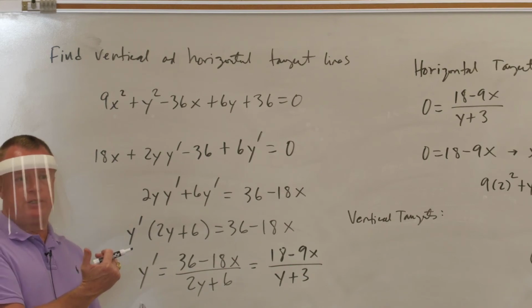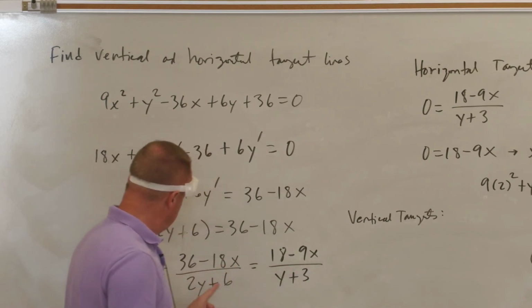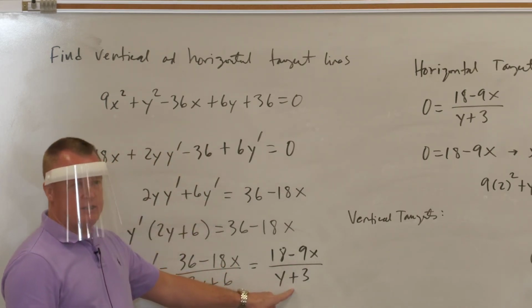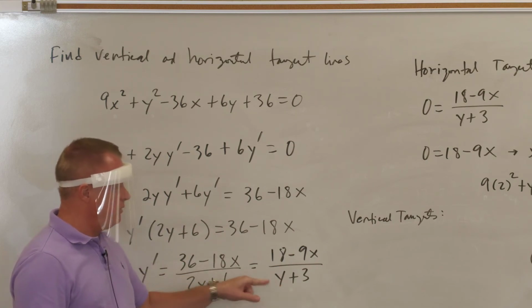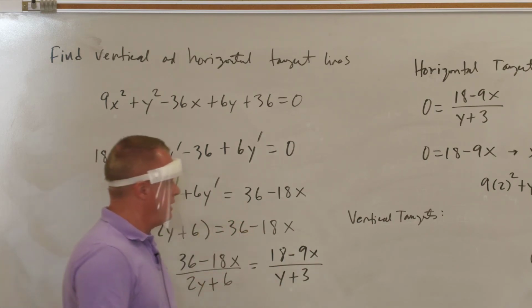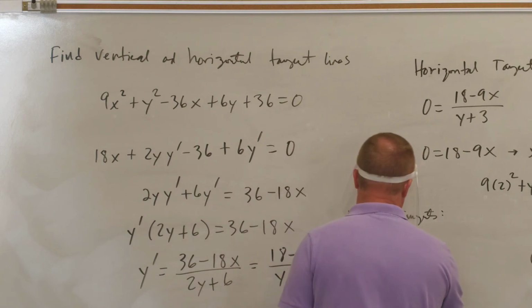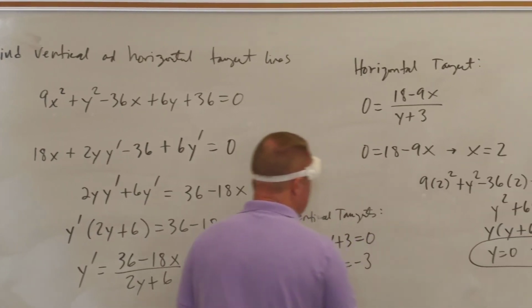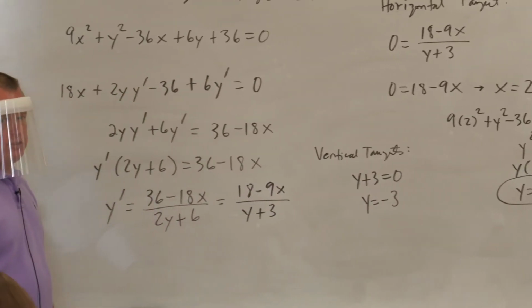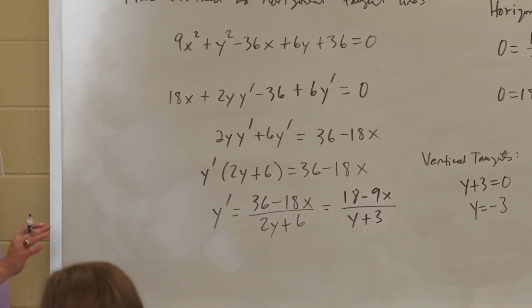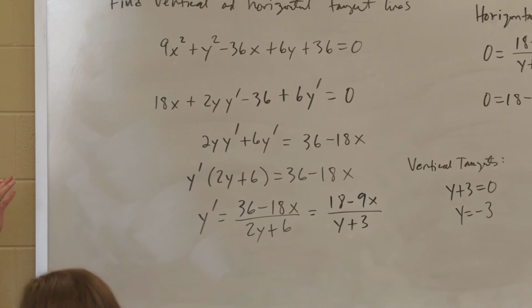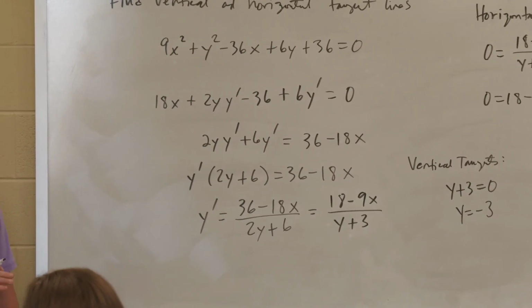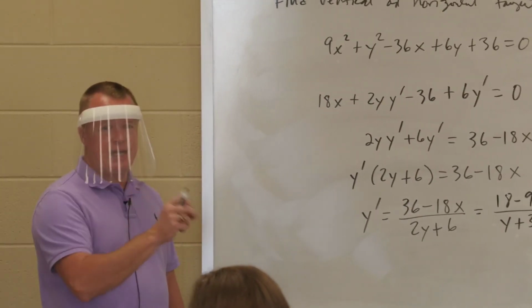Because when the bottom is 0, it's undefined. So if I take this derivative, the slope of my tangent line, whenever that bottom is 0, that is whenever I have the vertical tangent. So I would say y plus 3 equals 0. When y is negative 3, that's where I have the vertical tangents, right? But again, y equals negative 3 is not a vertical line. That's not the vertical tangent. That's where the vertical tangent is at.